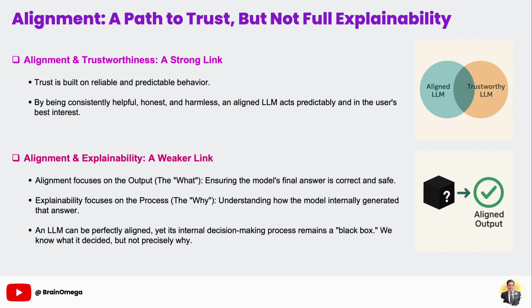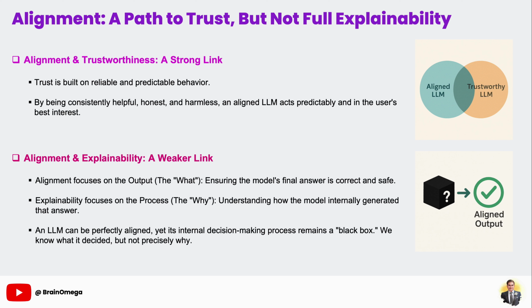First, let's focus on the strong link between alignment and trustworthiness. Think about anyone or anything you trust in your daily life, perhaps a skilled pilot or a seasoned doctor. You trust them because their actions are reliable, predictable, and consistently lead to positive outcomes. It's the exact same principle with LLMs.